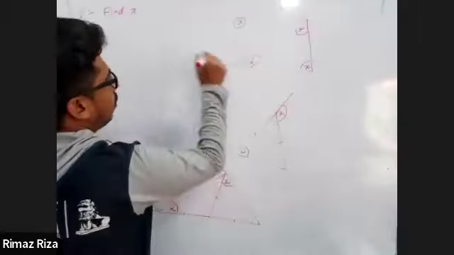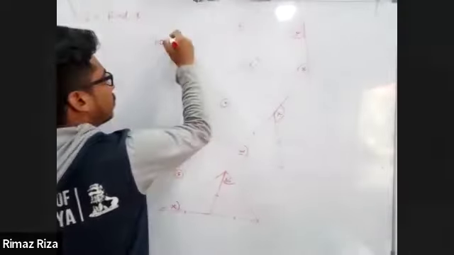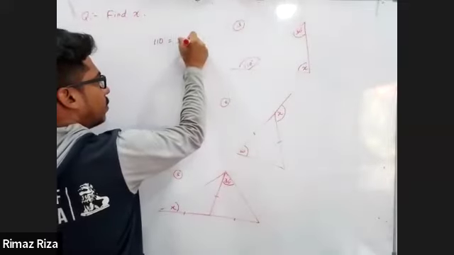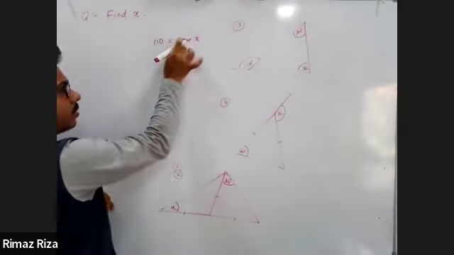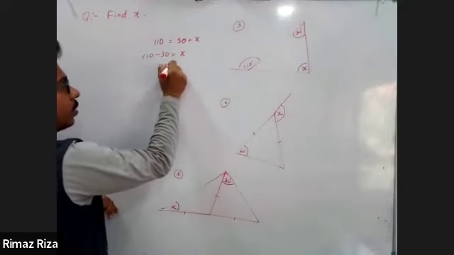So here, third question. 110, the exterior angle is equal to the sum of the opposite angles. 30 plus x. So we want to find x. Take this to the other side. So x equals 80.